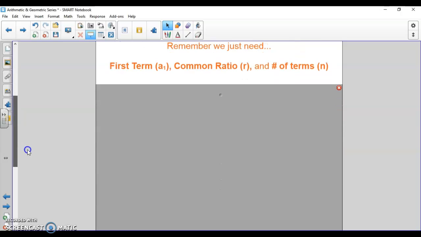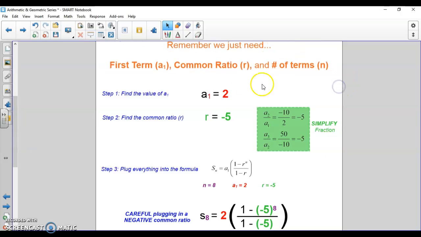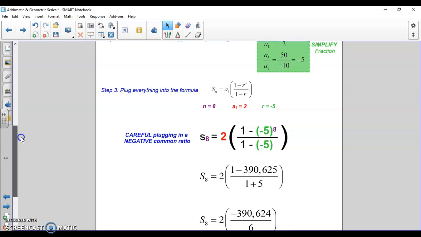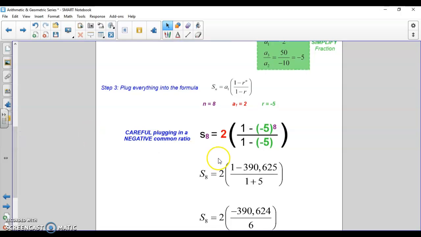So I don't need the explicit formula in this one. Find the first value, 2, which we already said. Find the common ratio. Little reminder here on how to find the common ratio when it's not given to you. And then you just plug it in. Now, careful here when you're plugging in a negative. Negative 5 to the 8th power comes out positive.